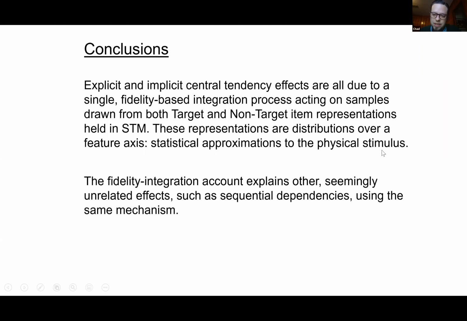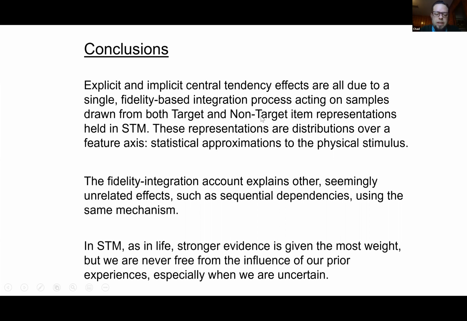Secondly, the fidelity-based integration account has the advantage that it explains seemingly unrelated effects with the same mechanism, sequential dependencies being one of them and the mean bias being the other. In short-term memory, as in life in general, we tend to give stronger evidence more weight.